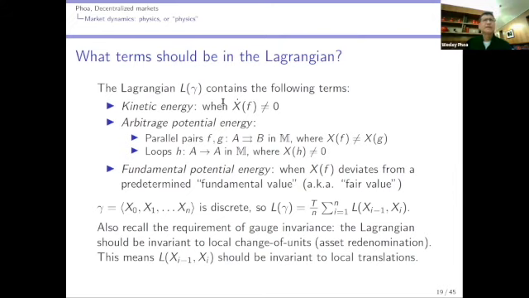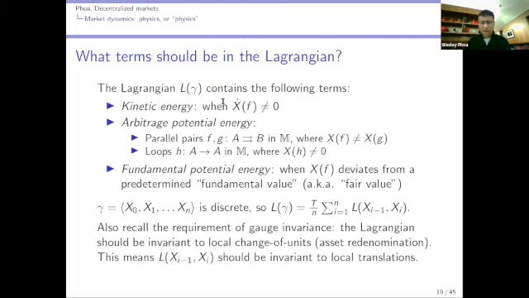The second thing is you want a term in there that makes states where there's lots of arbitrage less probable, and helps drive paths, in expectation, to evolve in a way that reduces arbitrage. So I think the way to think about that is arbitrage as a form of potential energy. It looks a bit like elastic potential energy, and it should be defined for parallel pairs, which in the absence of arbitrage should give you the same exchange ratio, and also for loops, where going around in a loop should be the same as doing nothing if there's no arbitrage.